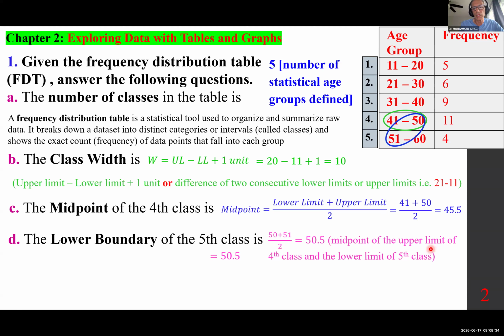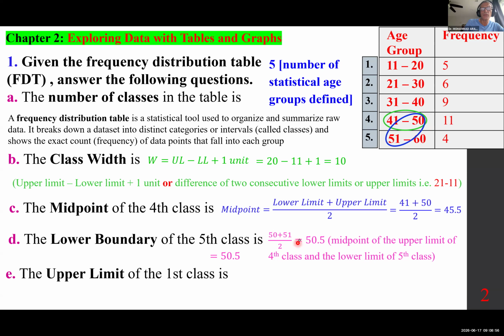It's the midpoint of the upper limit of the fourth class and the lower limit of the fifth class. This number, 50.5, is considered the upper boundary for the fourth class, lower boundary for the fifth class. Okay, and we'll look at this in more detail later.